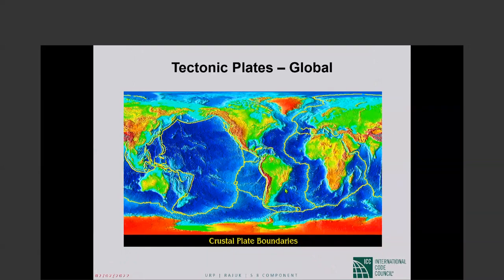The crust of the earth is made up of a number of tectonic plates, as they are called, and those plates are in perpetual motion with respect to one another. And many earthquakes, again, not all, but many earthquakes originate along those tectonic fault plate boundaries.